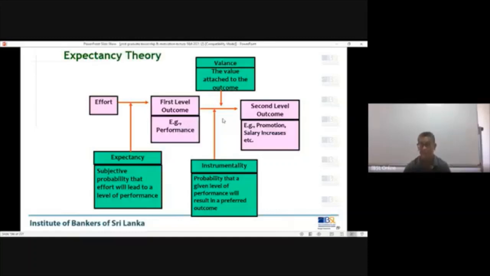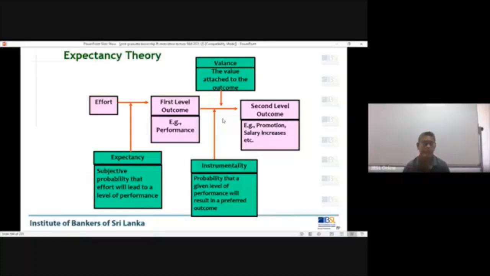And the last one, it implies that job satisfaction will follow effective job performance. So you are motivated only when you get the performance. These are the outcomes of this theory.